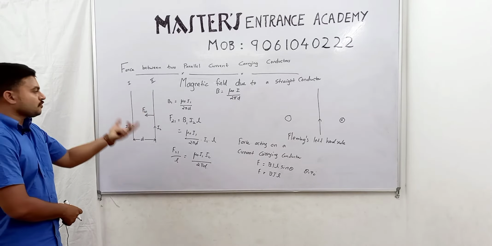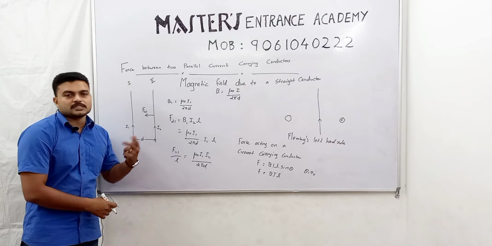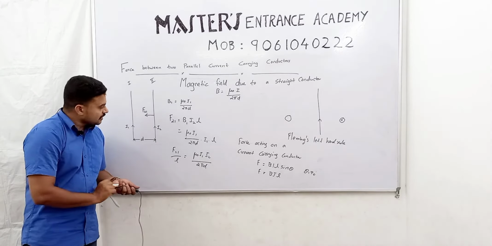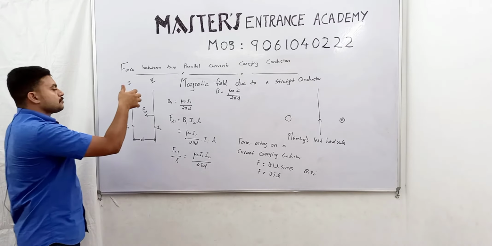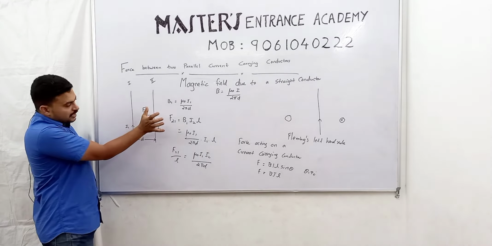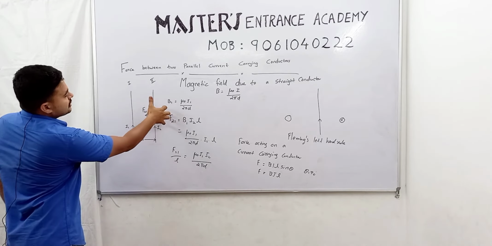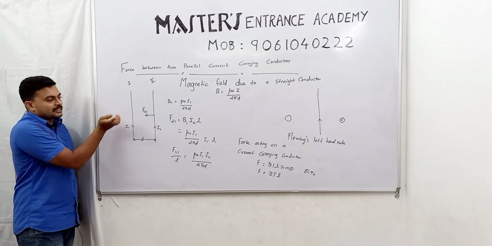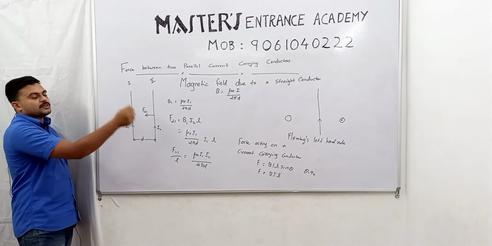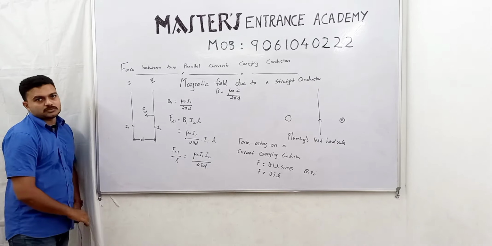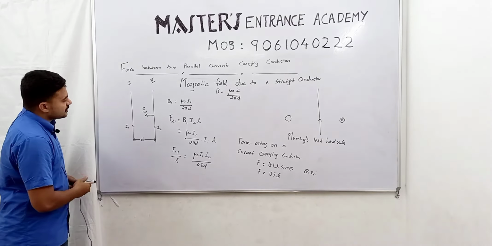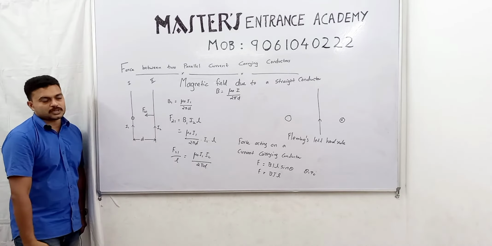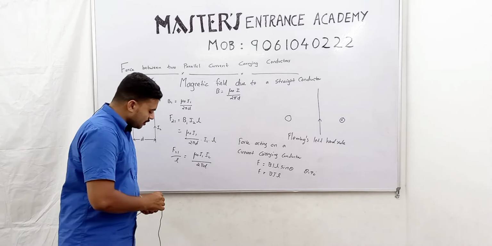This is the force per unit length acting on the second conductor. In the same way we have to find the force acting on the first conductor due to the magnetic field of the second conductor. This is the second conductor, making a magnetic field by the thumb rule like this. In the first conductor, the magnetic field by the second conductor is acting towards you, so we put this symbol.